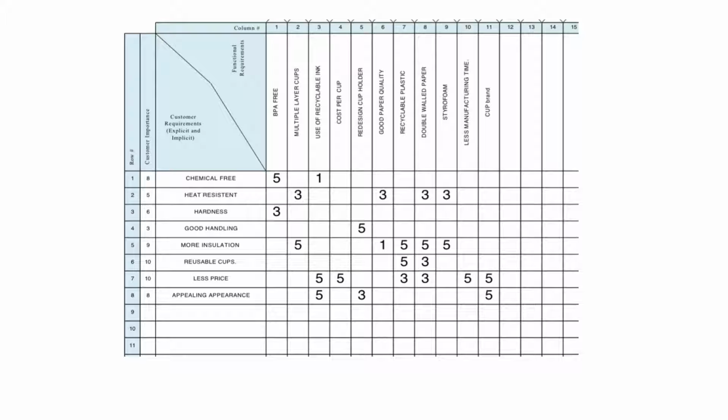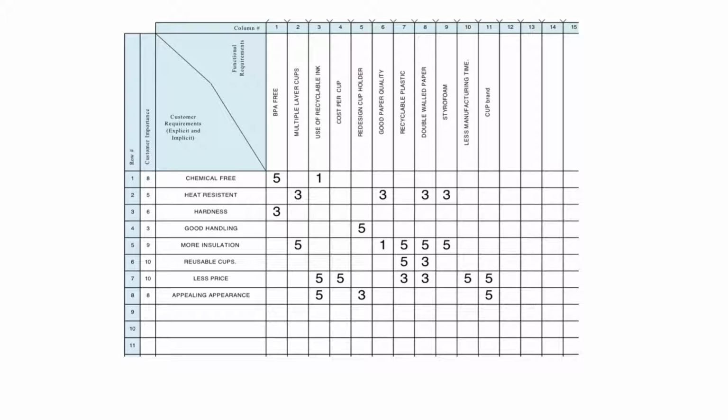BPA is bisphenol A, a chemical bond used as a solution to stick the layers. BPA is itself a harder chemical bond, so it might affect the hardness of our coffee cup as well. So it is shown as 3.